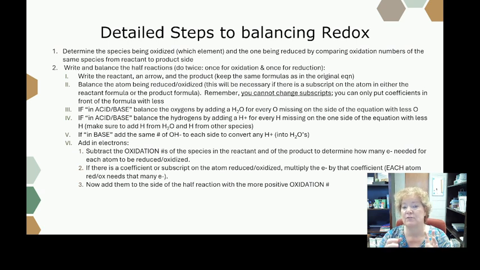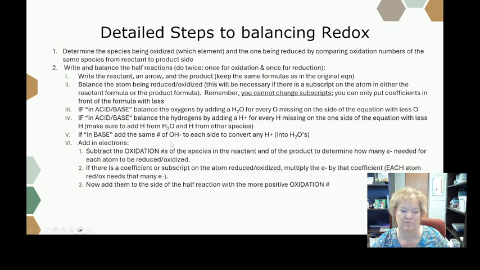After I've added water to balance out the oxygens, I've also added hydrogens, so I'm going to balance that out on the other side by adding H+ ions to make sure the number of hydrogens are balanced. And then after that, if it's in base, I will also add the same number of hydroxide ions to each side to convert any H+ into water.